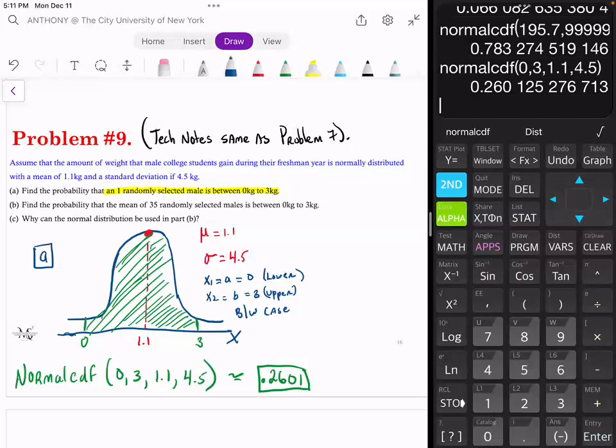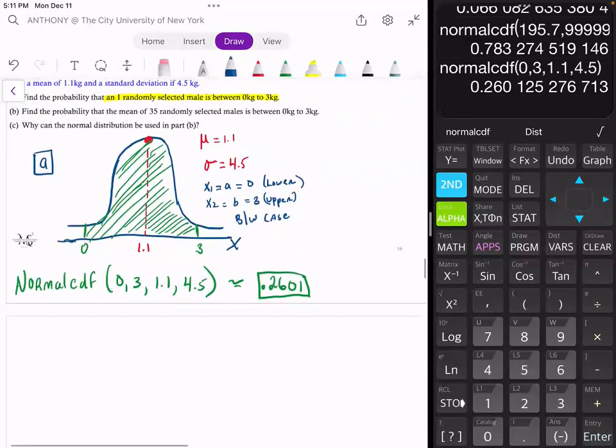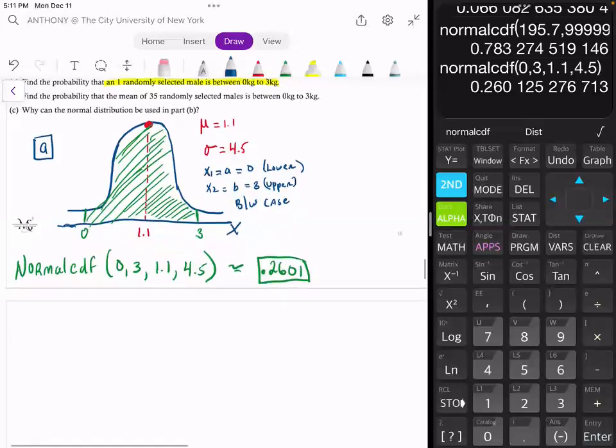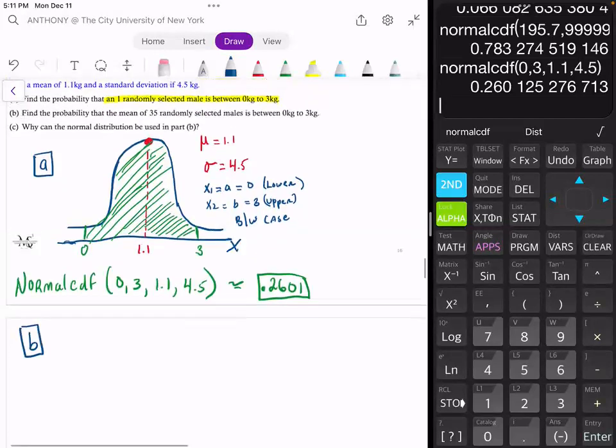Let's try it again for part B. So in part A, again, I was dealing with just an individual value, hence why I labeled this graph in terms of X. But when we solve this problem now for part B, it says find the probability that the mean of 35 randomly selected adult males is going to be between 0 to 3.